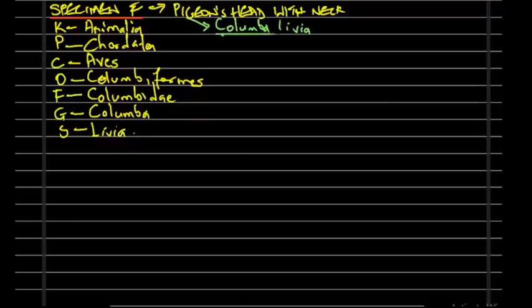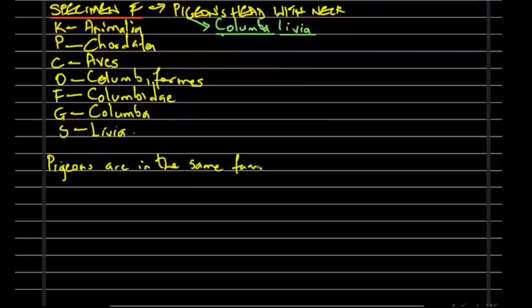So let's have two underlines, so to say, that will not be joined. You can see that is how we have it there. Now let's move further. These organisms are in the same family as the doves. Pigeons are in the same family as the doves.